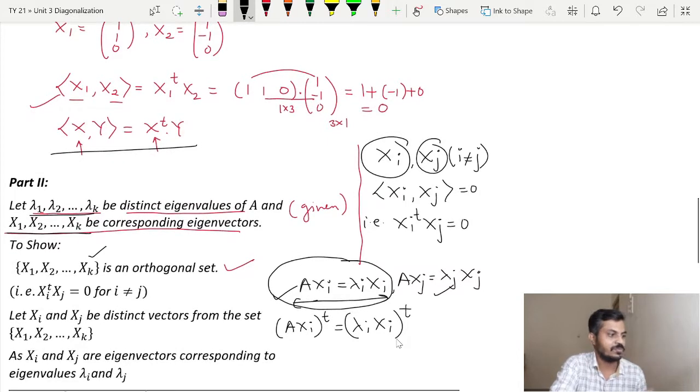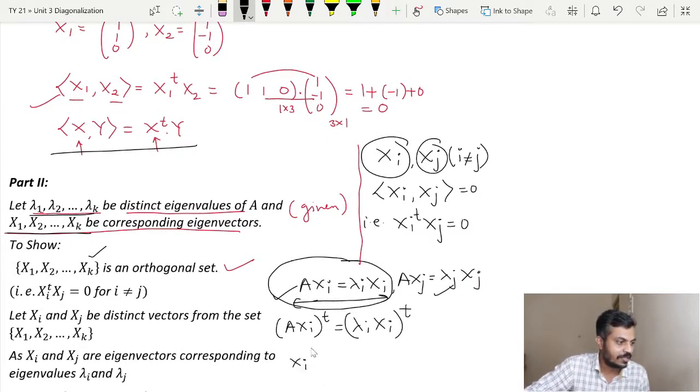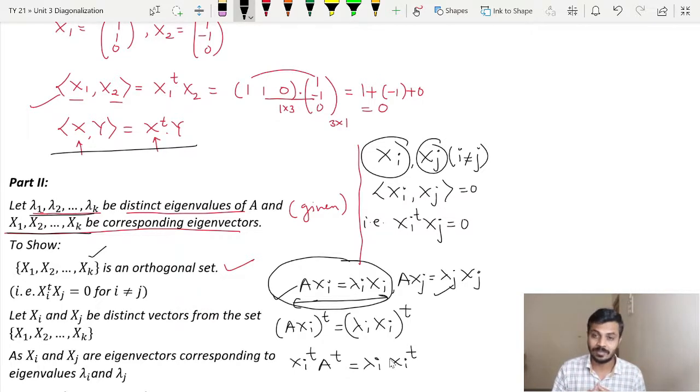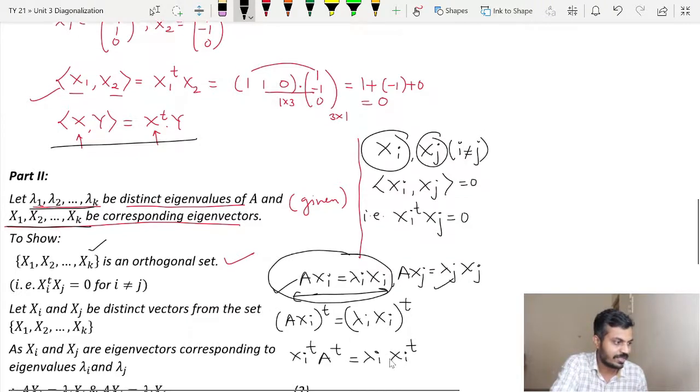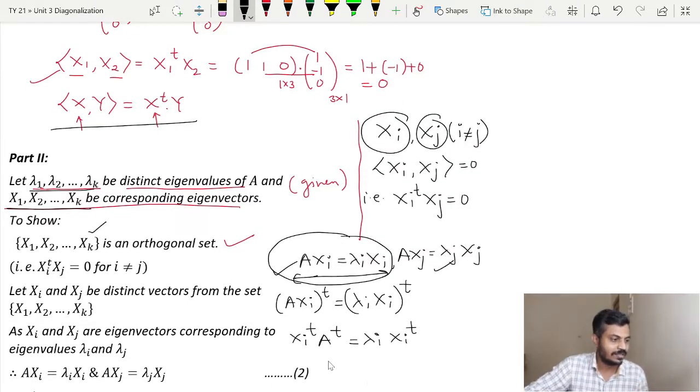So (A xi) transpose will be xi transpose A transpose, and this will be lambda i xi transpose. Note, I am not having lambda i bar here, because it is the usual transpose and not the conjugate transpose, as discussed earlier. Now, what is A transpose? Since it is a symmetric matrix, A transpose is A. So we have xi transpose A is equal to lambda i xi transpose.